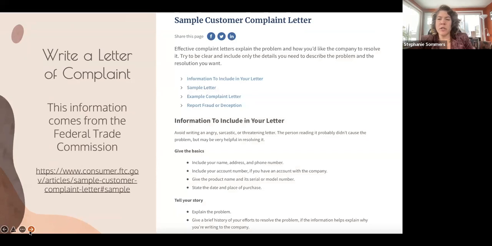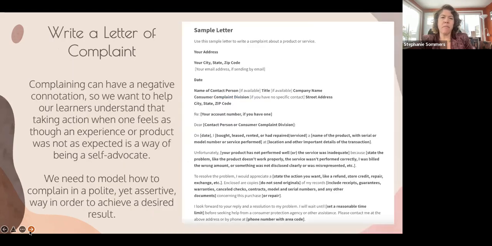Some resources related to this: a sample customer complaint letter. This comes from the Federal Trade Commission. Some of you, I think Rachel mentioned doing some writing with students in class. Another type of writing within this context would be to write a letter of complaint, talking about why maybe your office visit didn't go as you had hoped, and explaining why something might be unsatisfactory.